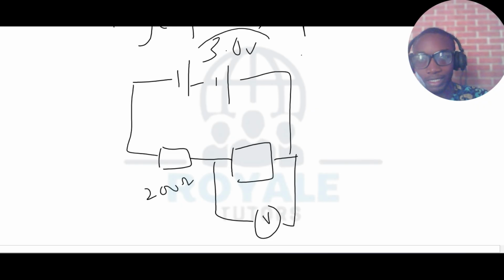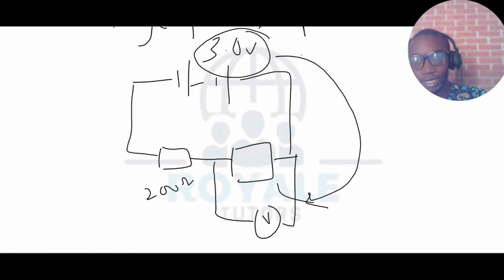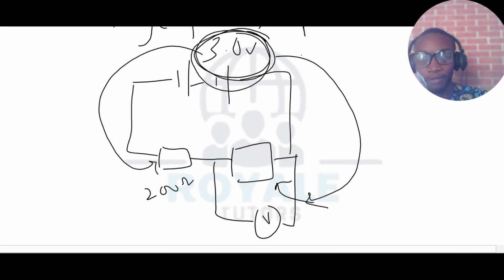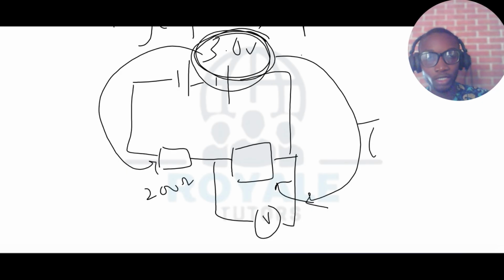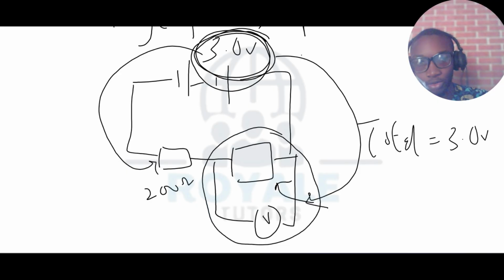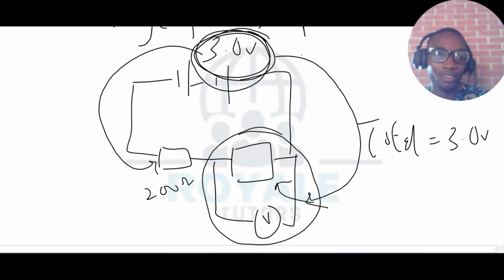Now, we see this guy supplies energy to this guy and to this guy. But here we already know what the value of the total energy is, so we could say total, which is 3.0 volts. Now, if we know the value of energy inside the thermistor, let's just give it some letter.